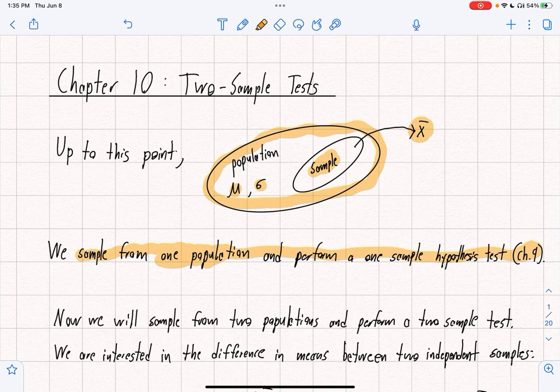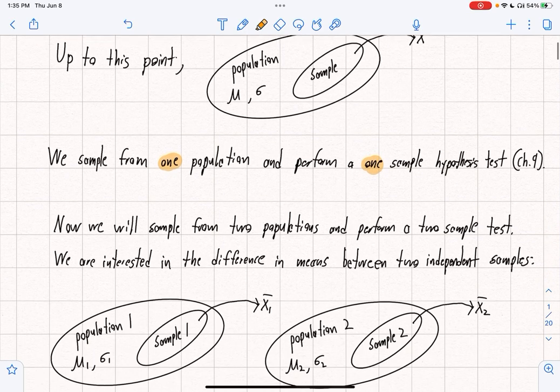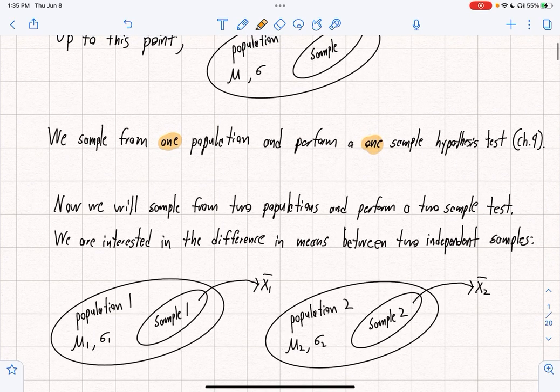We compared this x bar against some hypothesized value for the population. And we drew inferences about that. So one population, one sample to do a hypothesis test. But now we're moving on to two sample hypothesis tests.